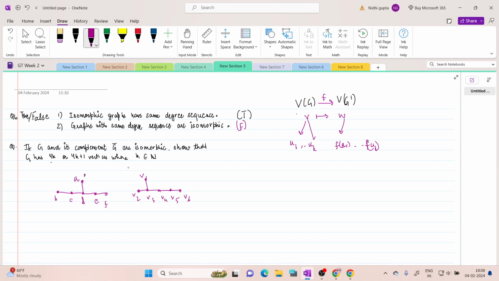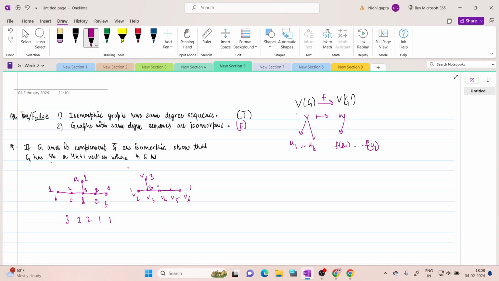This has degree 1, this has degree 1, this has degree 1, this has degree 2, this has degree 2, and this has degree 3. So the degree sequence is basically 3, 2, 2, 1, 1. And is this degree sequence the same for this one also? Yes. But are they isomorphic? No. Why? Now you'll have to give a reason why they are not isomorphic.